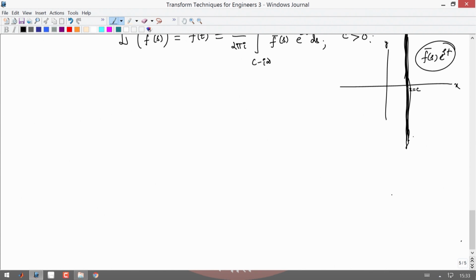So, what are those functions? Let me define formally. They are called functions of exponential order. So, I will define what exactly they mean.